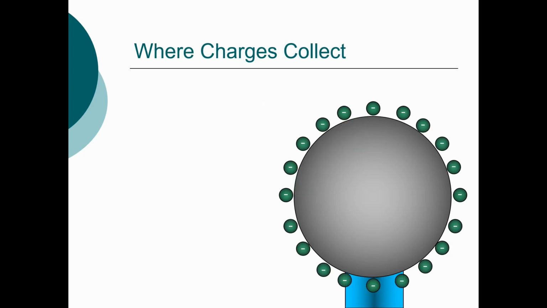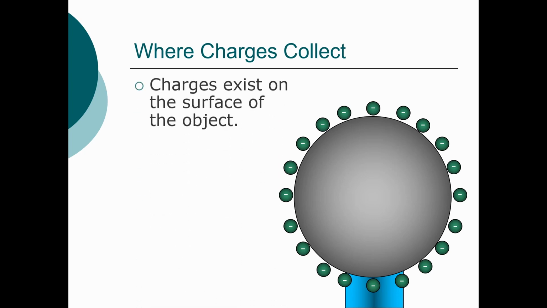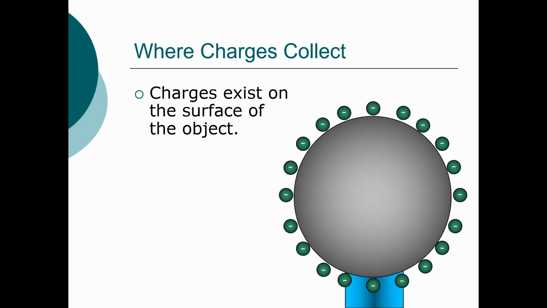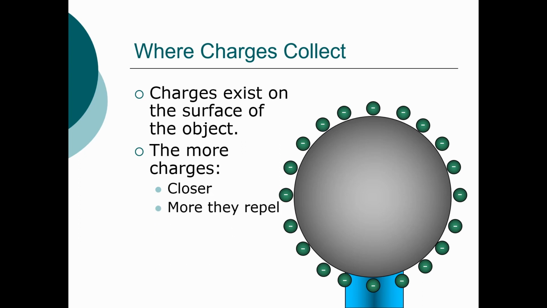Again, charges collect on the surface of an object in an effort to be as spread out as possible. The more charges collect on the metal ball, the smaller the distance between them becomes, and the more the force of repulsion increases.